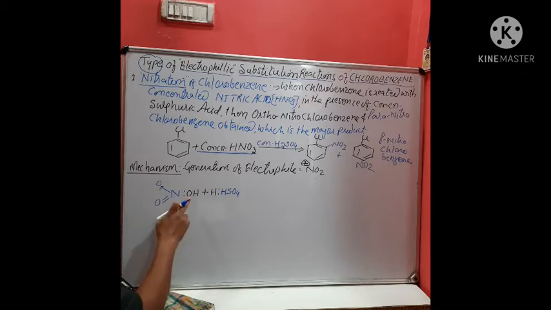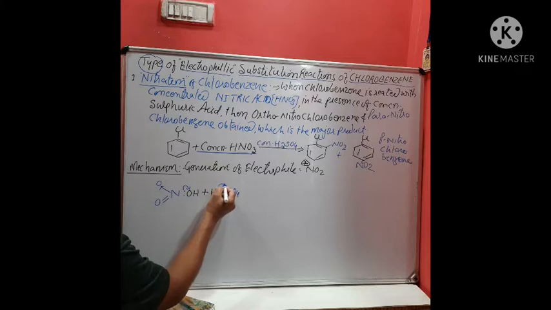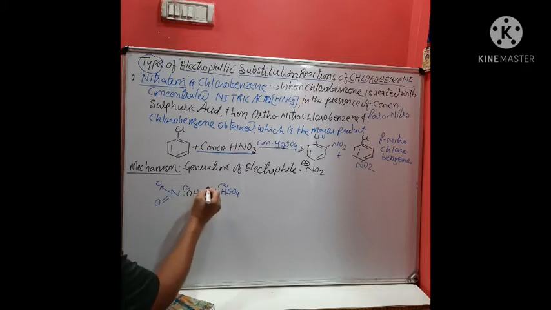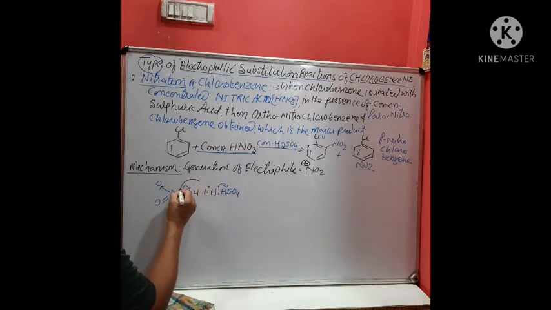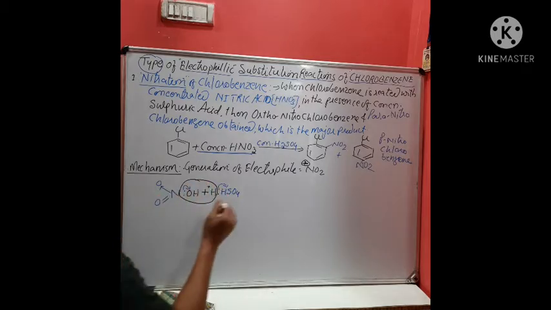Now you know that O is more electronegative as compared to H, therefore the electron pair will be shifted towards O, and here H is less electronegative than sulfur, therefore the electron pair is shifted here. That means the OH will be released, that is removed with its bond pair, and the H in the form of H cation. So now the reaction will be like this.